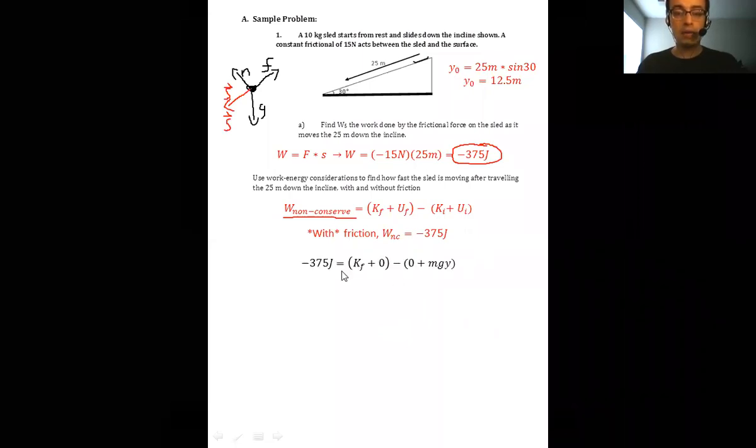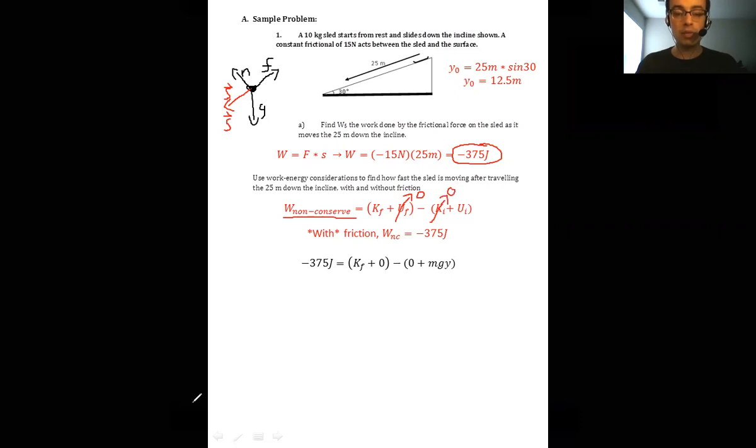So we go ahead and plug in and say negative 375 joules equals K final plus 0 minus 0 plus mgy. This is just the expression for the initial potential energy, and K final is, well, K final. What allows me to say that that's 0 and that's 0?